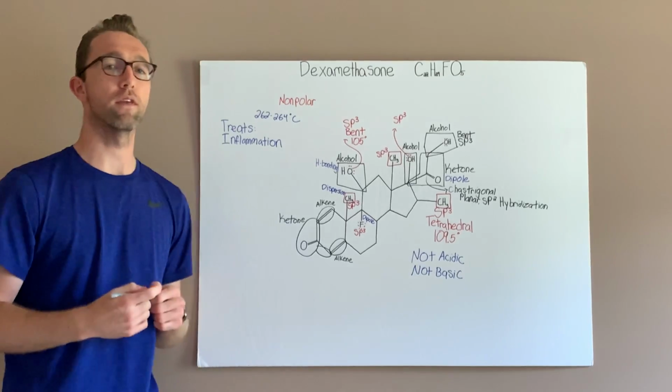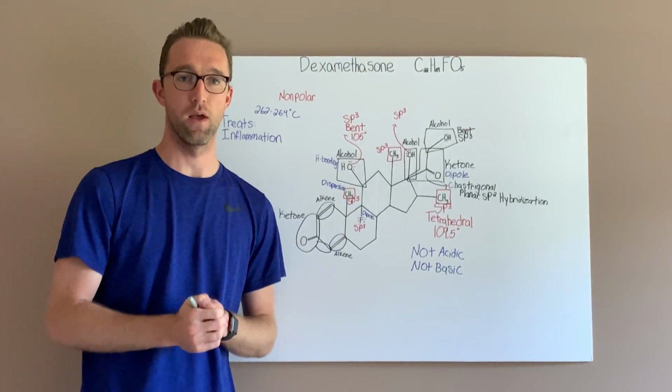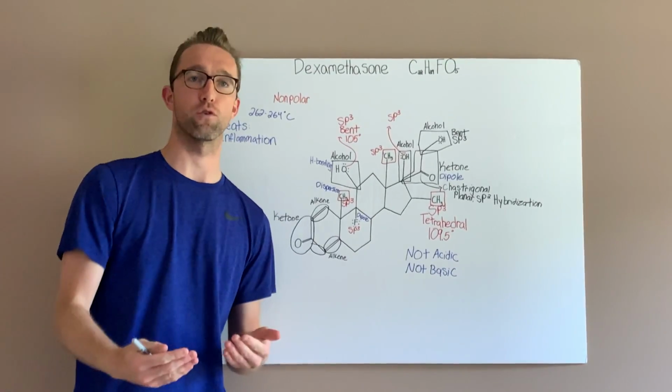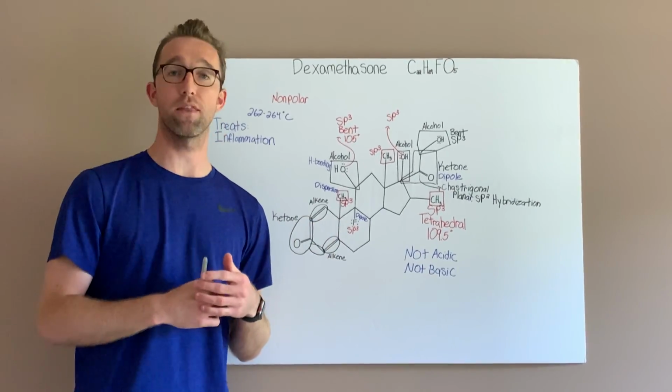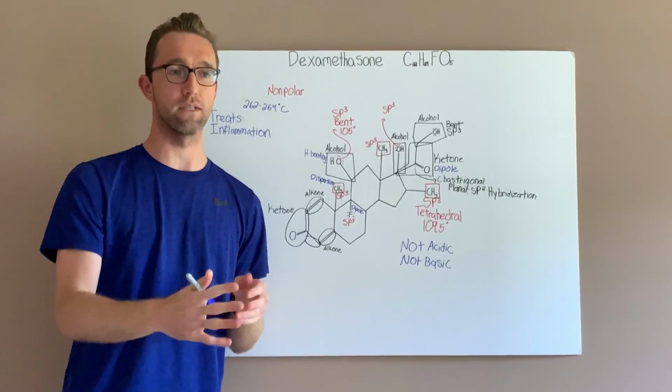One of the most common administrations of dexamethasone is through a process called iontophoresis, or ionto for short. I had briefly discussed that method in Molecular Diary 1, but I'll go into a little more detail now.